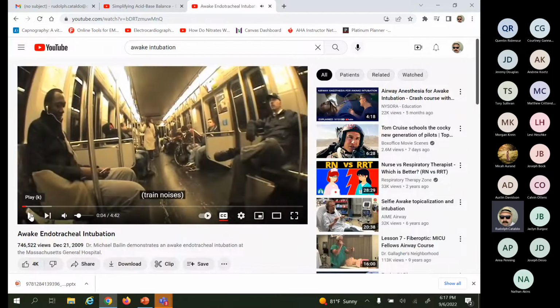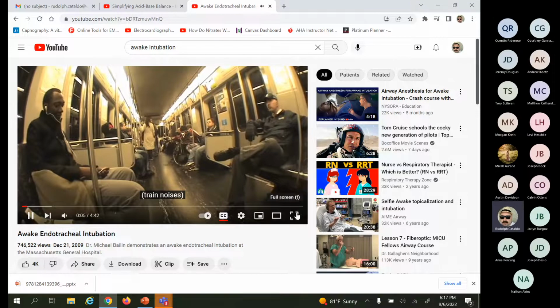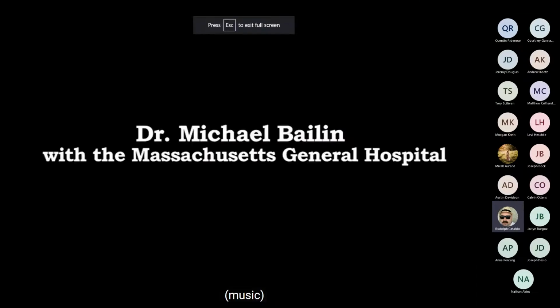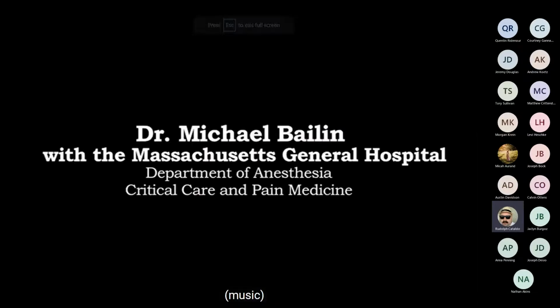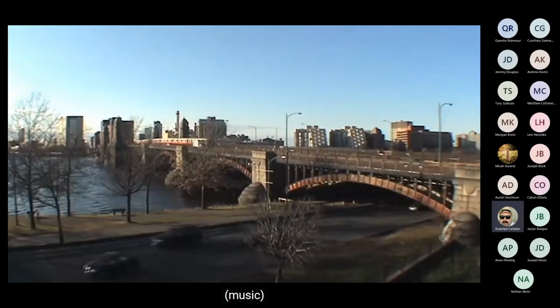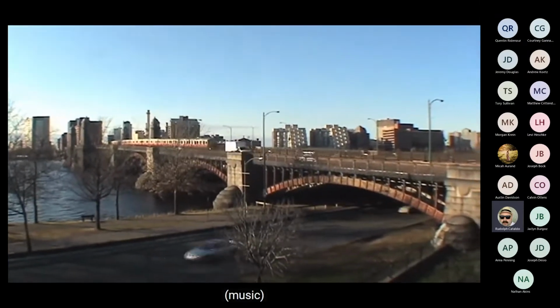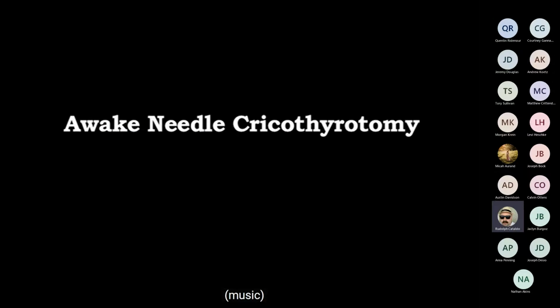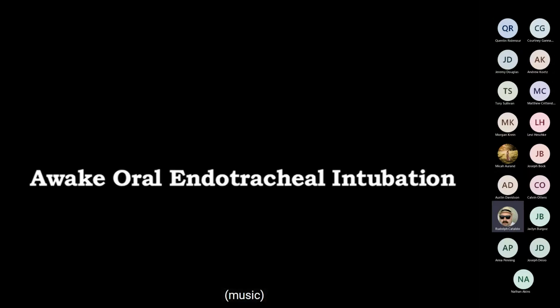Can you guys hear that by chance, the video when it plays? Yes. Okay, perfect. You can hear it. I want you to pay attention to the anatomy and the structures that we just went over in this diagram and what he shows you with this video.